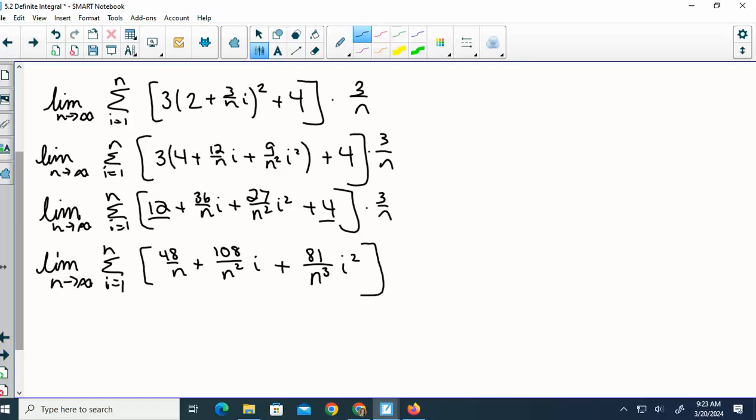So all of that is just algebra. What is the next step? The summation. Yeah. So once I do my summation rules, that symbol will go away.